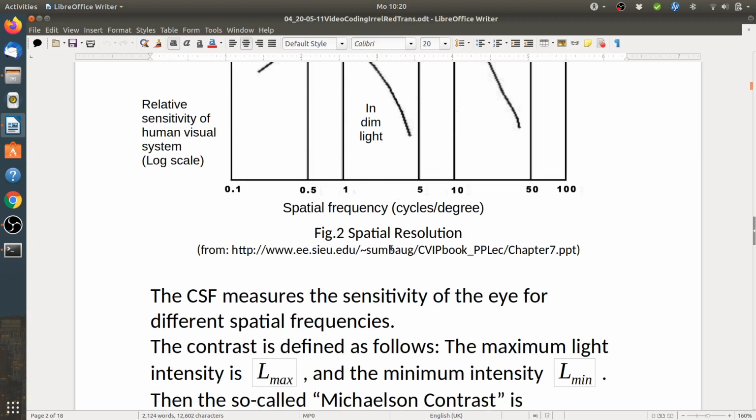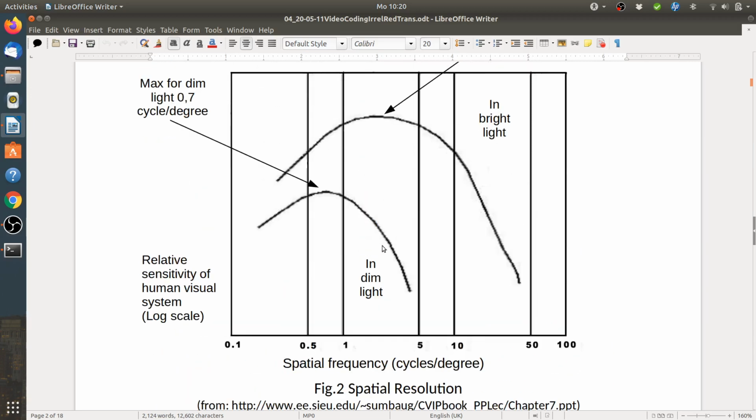Yeah, so this curve is actually quite important for our compression purposes, because we can take advantage of those different sensitivities of the eye for different spatial frequencies. Now we can transform our image into the spatial frequency domain, and then according to this curve, we can quantize the frequencies differently. At high spatial frequencies, the eye becomes less sensitive, so there we can afford higher quantization errors before the eye can see it.